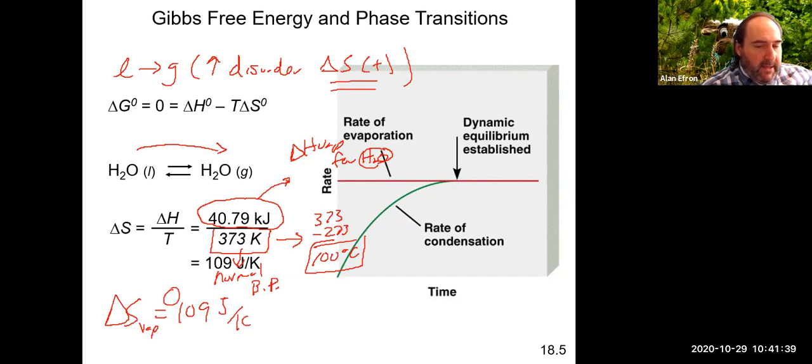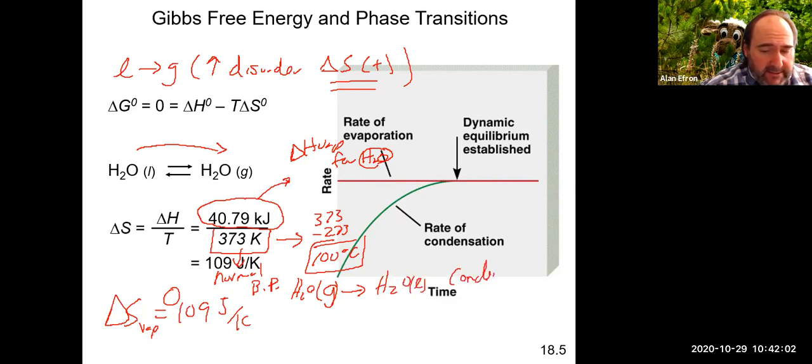So what would be happening if we went the opposite direction, from gas back to liquid? If we look at what happens with our delta S going from gas water back to liquid water, this is also the process known as condensation.